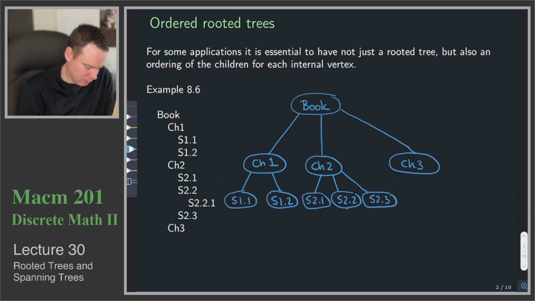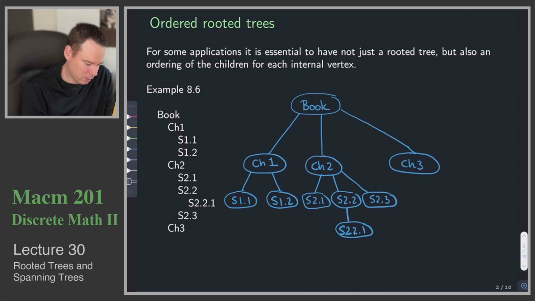And it just so happens that the second section has a subsection. So section 2.2.1. And then chapter 3 has no sections. So there's a rooted tree, actually an ordered rooted tree diagram of the table of contents of a book.